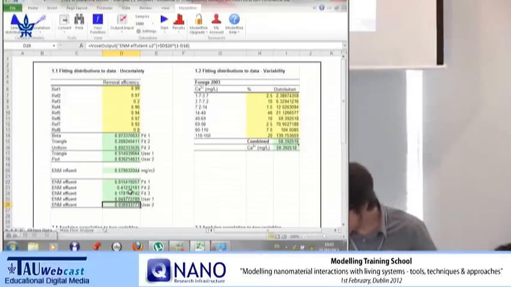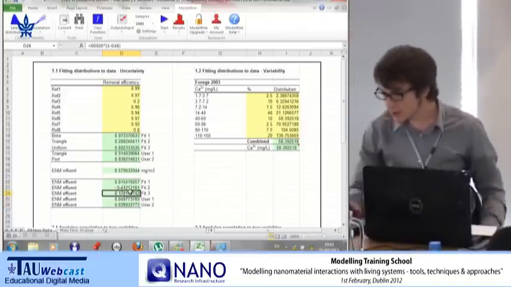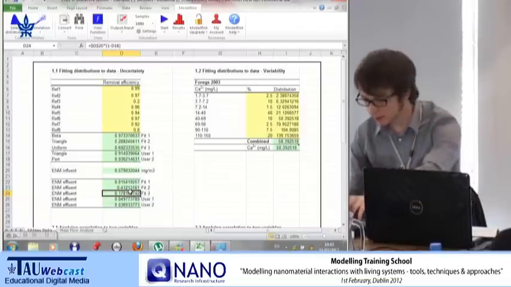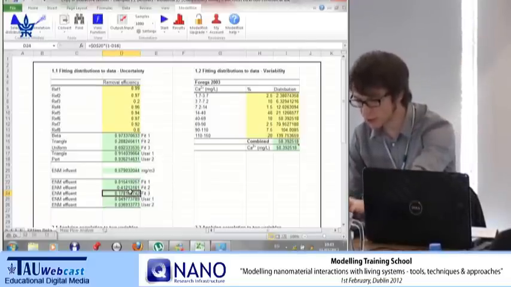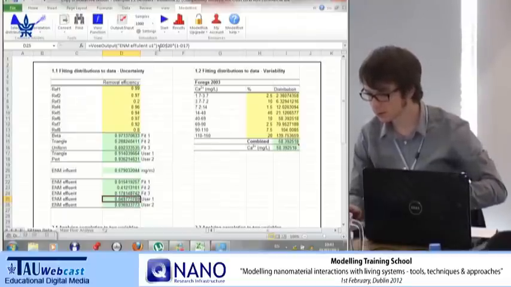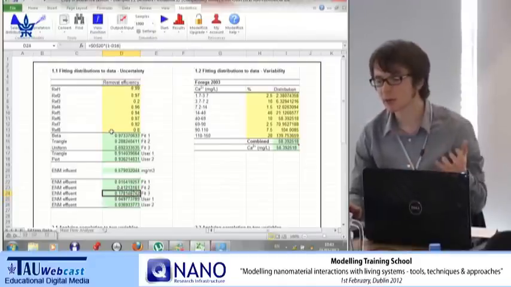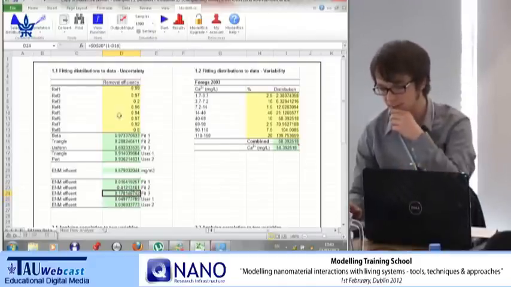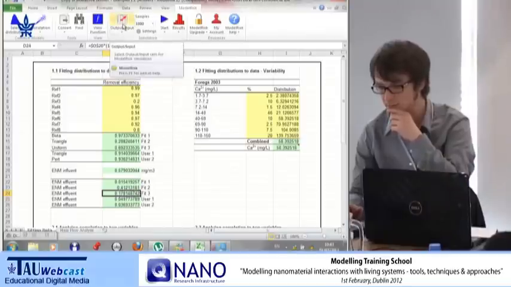So fit 3 represents a uniform distribution multiplied by the influent, so the removal efficiency, to get an output. This here represents triangle by uniform. If we want to look at this value, we're interested in this, so we go to output.